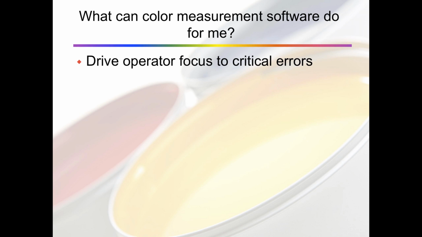Oftentimes without software, operators may take their instrument, make many measurements across a sheet, but not be able to easily track or recall what those measurements were. Sometimes they have to do them again, and sometimes they're just measuring the wrong color. They may pick one color, measure all the way across a sheet or a sample, and that color may measure fine for all the measurements they make, while at that same moment another color was in critical need of correction, but that correction was delayed because the operator didn't know where to focus first.